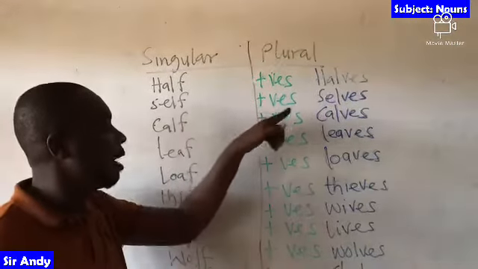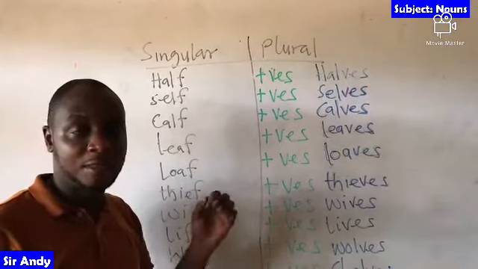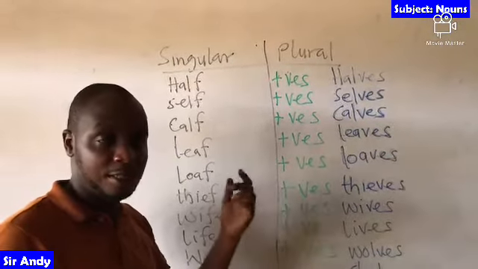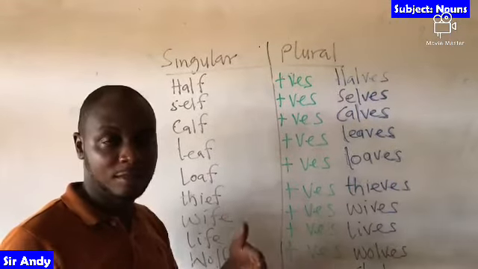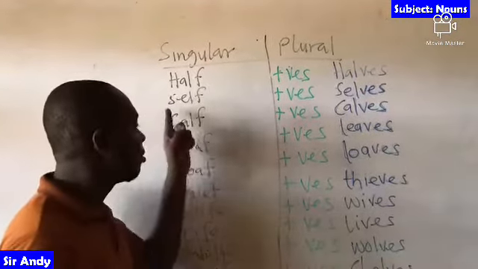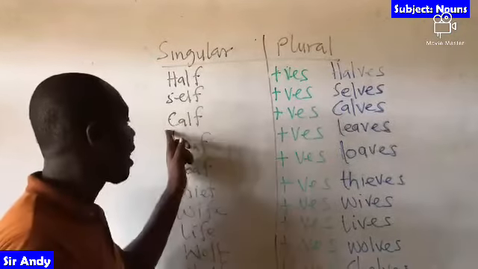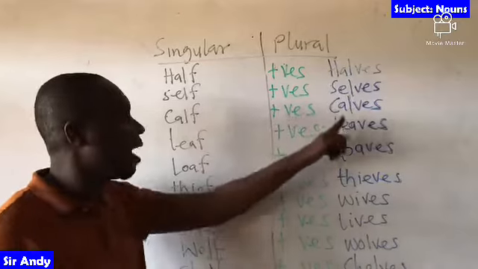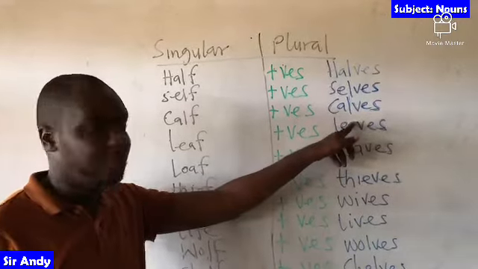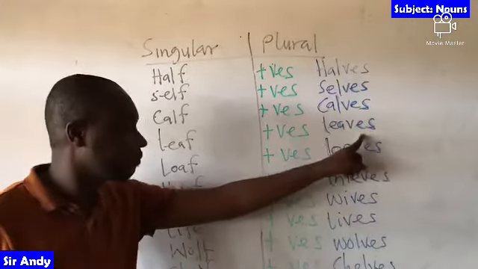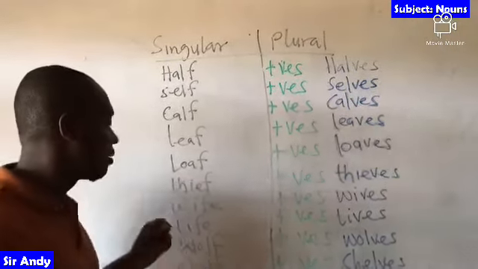Self becomes selves, themselves. And in English, you don't say 'theirselves', you say themselves. Calf becomes calves. Leaf becomes leaves.